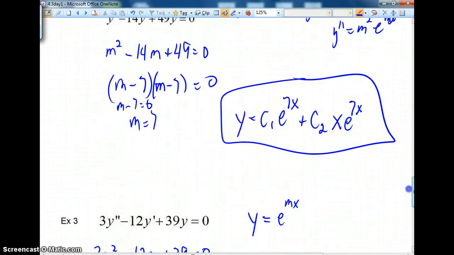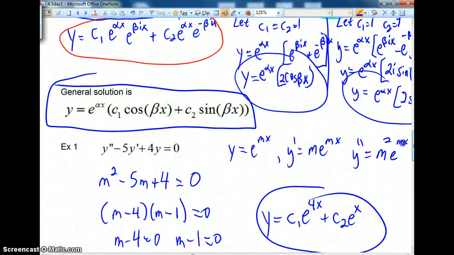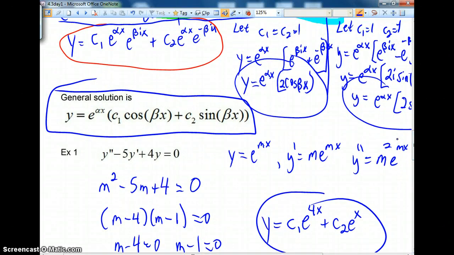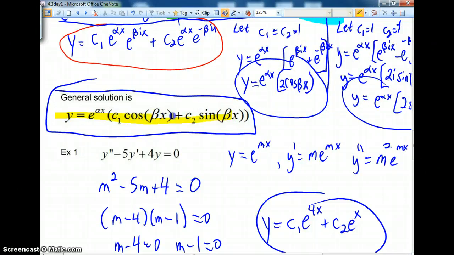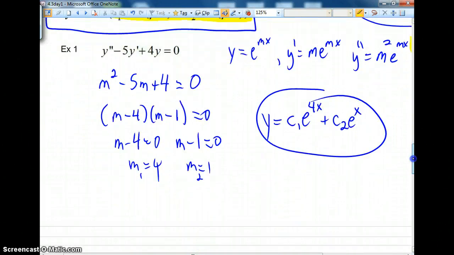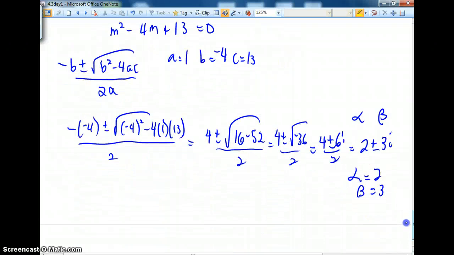We just saw a moment ago, toward the bottom of that second page of notes, the general solution once you know what alpha and beta are. Once again, you can get a solution very, very quickly.